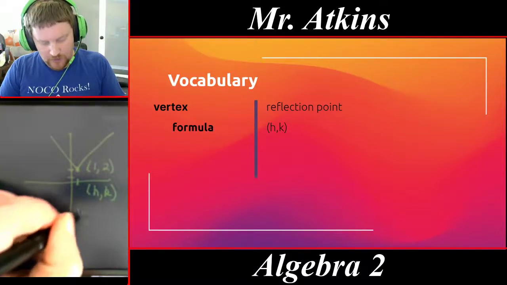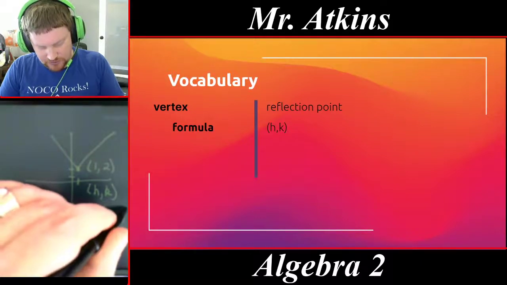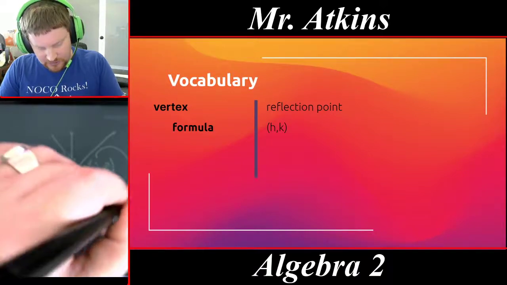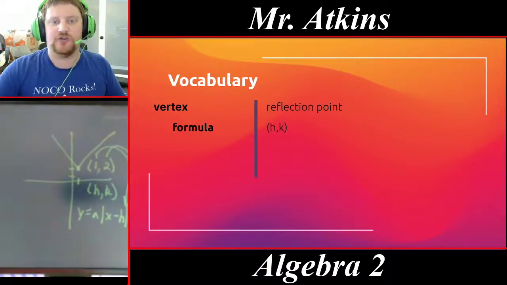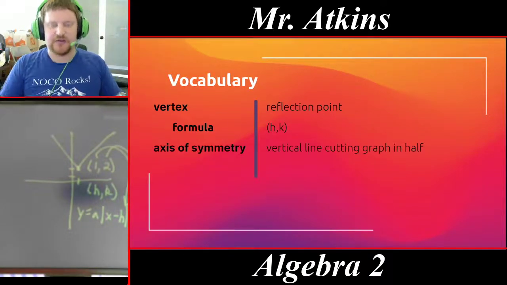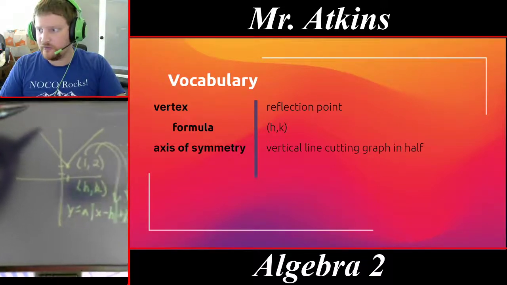So if you have y equals a times the absolute value of x minus h, plus k, you can just plug in 1 for h and 2 for k, and you'll have that part of the equation ready to go. The axis of symmetry is the vertical line that cuts your graph in half.